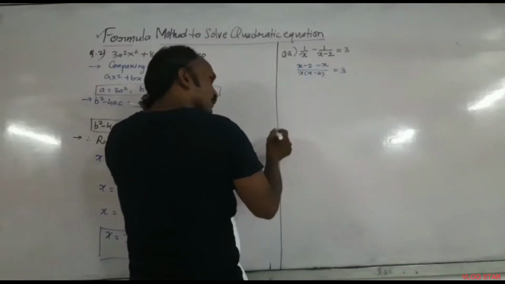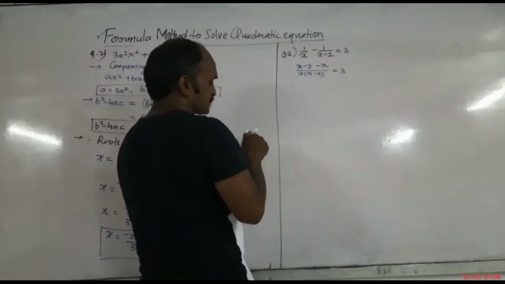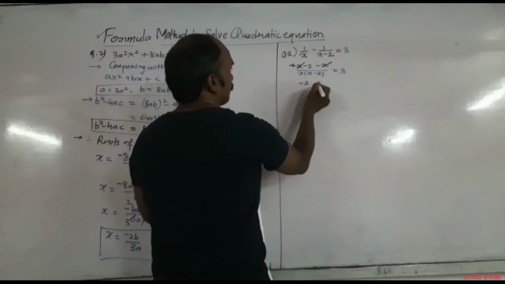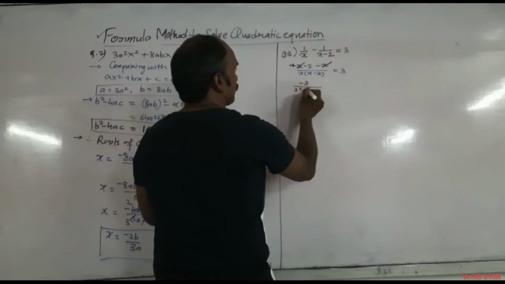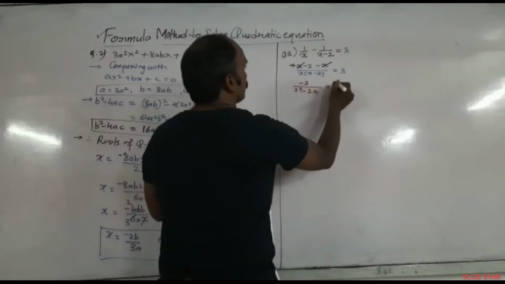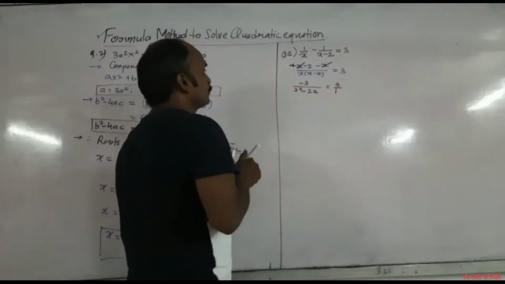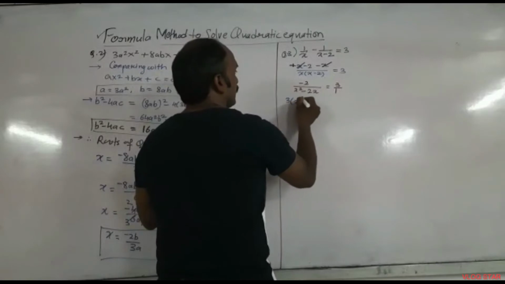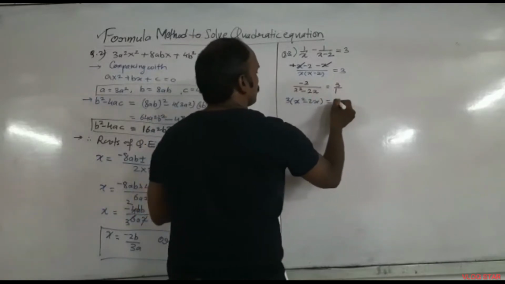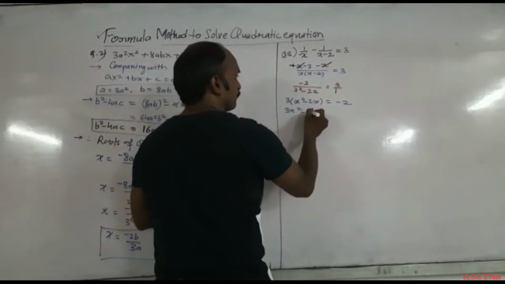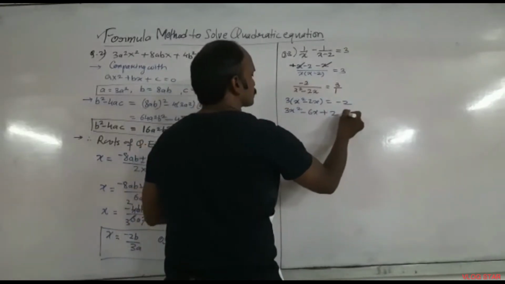You will get, this is plus x, this is minus x, this will get cancelled. −2 upon x² − 2x is equal to 3 upon 1. So cross multiplication gives you 3x² − 2x is equal to −2. So it is 3x² − 6x + 2 = 0.